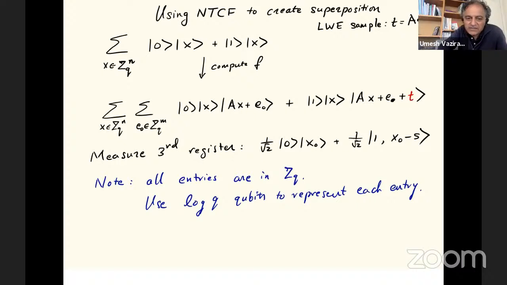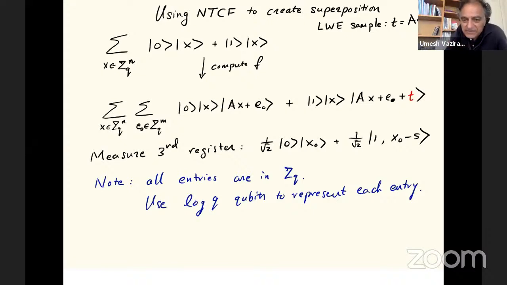Right? Now when we go ahead and measure this third register, we'll see some value y, which the prover will return to the verifier.